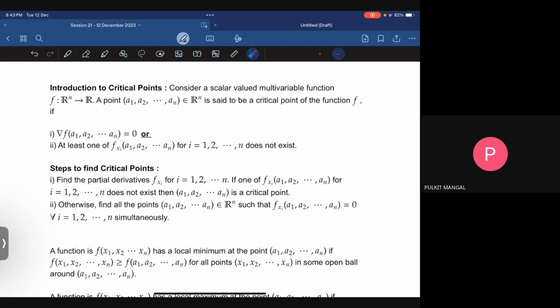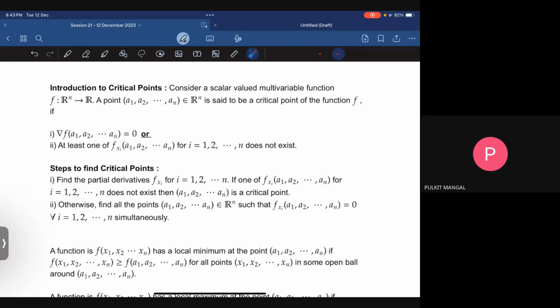Any point for any scalar valued function f is said to be a critical point if it satisfies these two conditions. Remember, this is an or condition. That means either it should satisfy the first condition or it should satisfy the second condition. The first condition is that the gradient of f at that point is equal to 0.